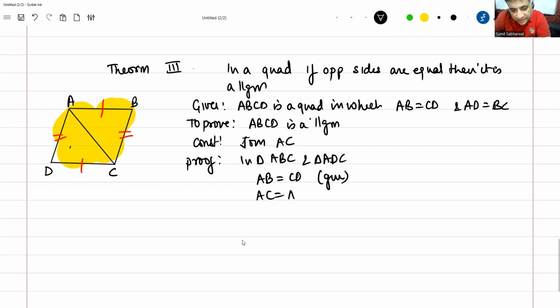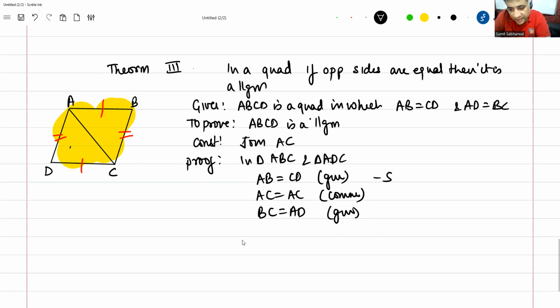AC is equal to AC, this is common. And BC is equal to AD, this is given.